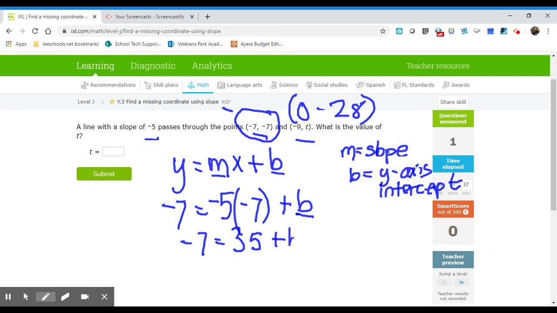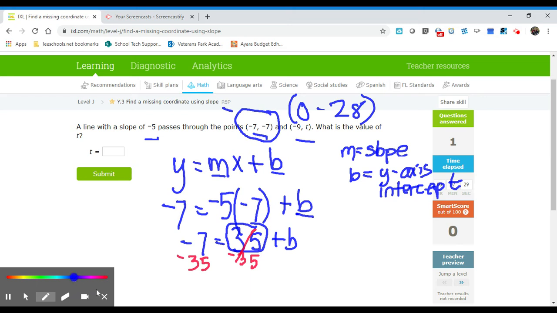plus b. And then to solve for b, to get b by itself using algebra, we have to do the opposite of the things that are on the same side as b, which means we need to subtract 35 from both sides. This cancels out, leaving b equals -35 plus 7 is -40.